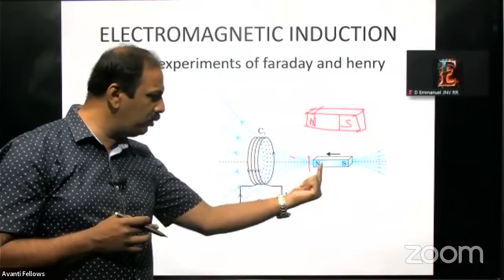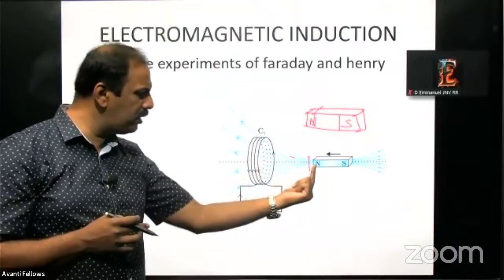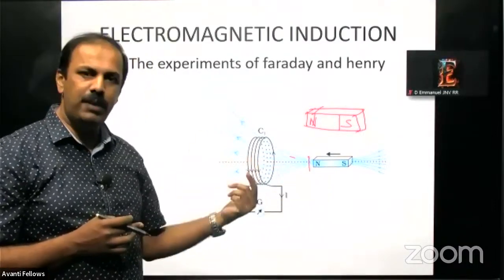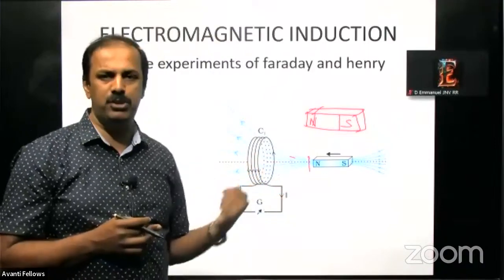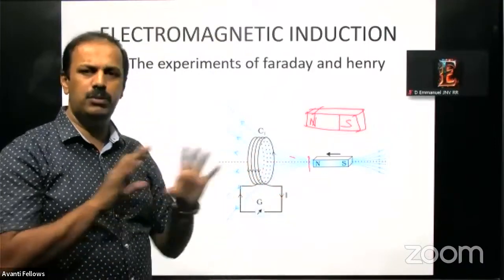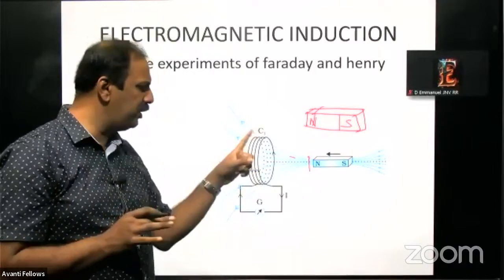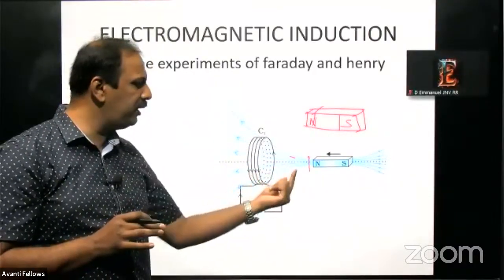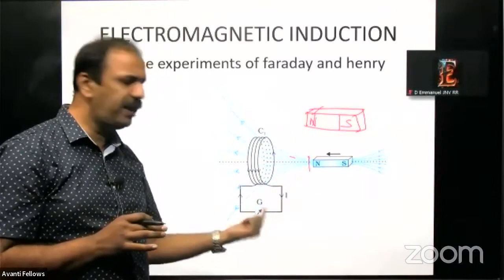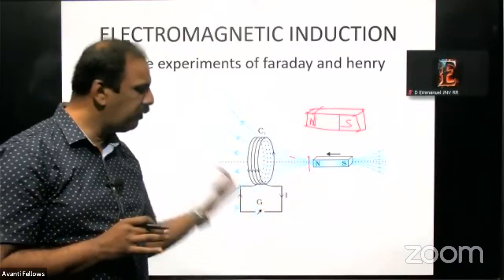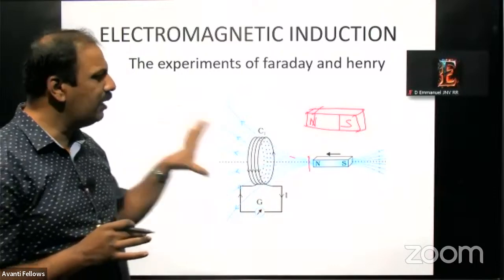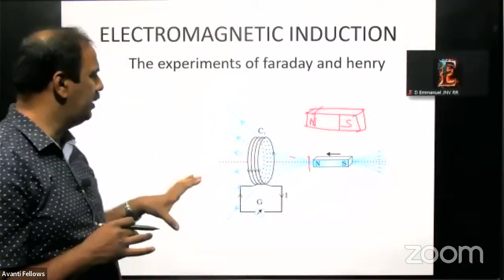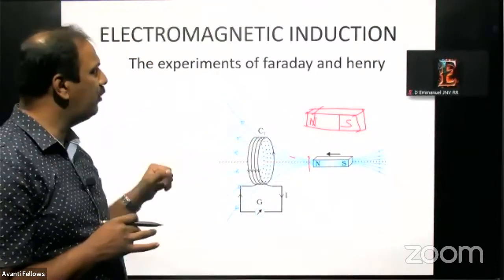But taking south toward this side is the same as taking north away from this one. So in general, when you are changing a magnetic field, it shows a deflection. If the direction of the magnetic field is changed, then the direction of this deflection also will change. So this is the simplest example of electromagnetic induction.